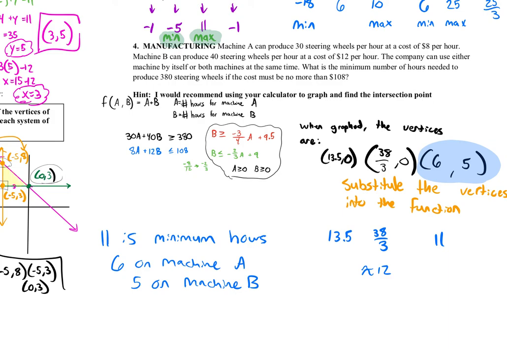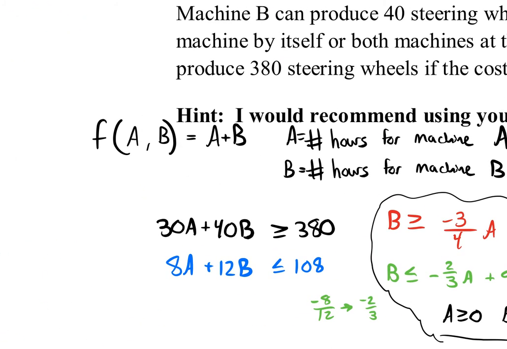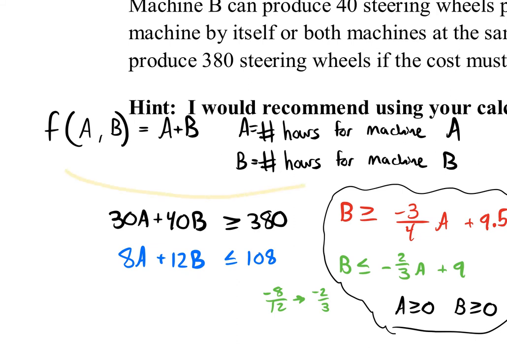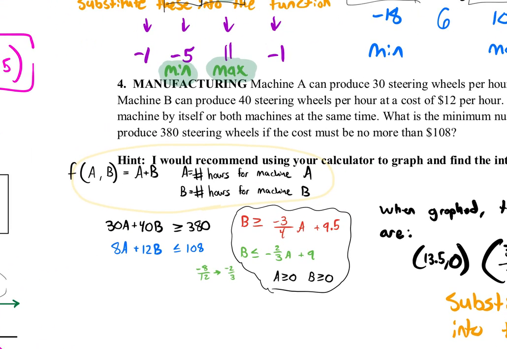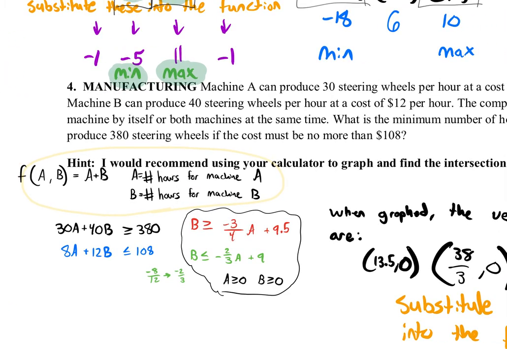The question, though, is what's the minimum number of hours needed? So that's what told me that my optimization function just needs to be A plus B. Hours on one machine plus hours on the other machine. We need to figure out what combination minimizes that setup. Then otherwise, here are my 2 inequalities.